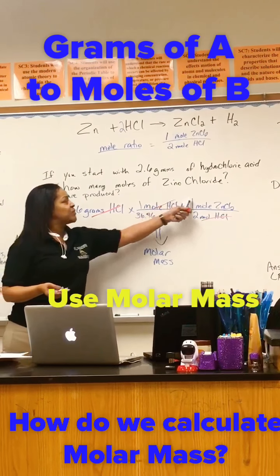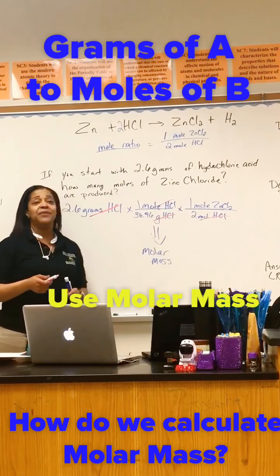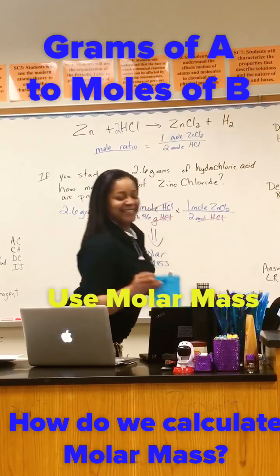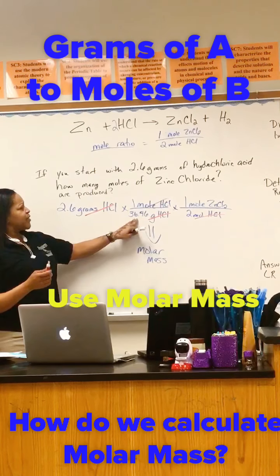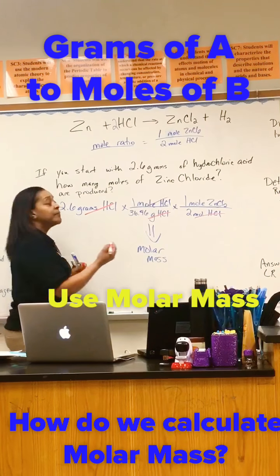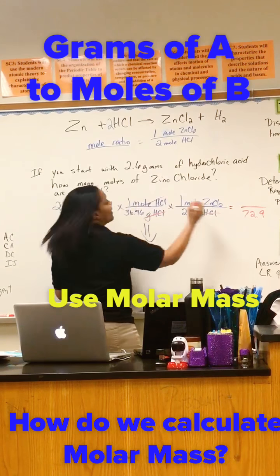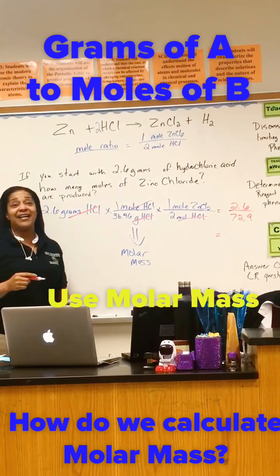2.6 times 1 times 1 is 2.6. 36.46 times 2 is something, and you're going to tell me. And what is my answer? What's 36.46 times 2? 72.9. And on top here I had 2.6. So somebody's going to do that math for us, and then we'll have our answer.